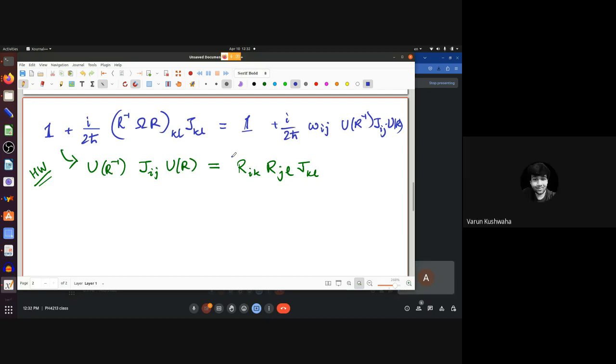Rank 2 tensor. Could you be a bit louder? I couldn't hear you. Rank 2 tensor. What kind? Contravariant, covariant, what kind? And when I put them in a bracket, it means all of the J_ij's together, of course.